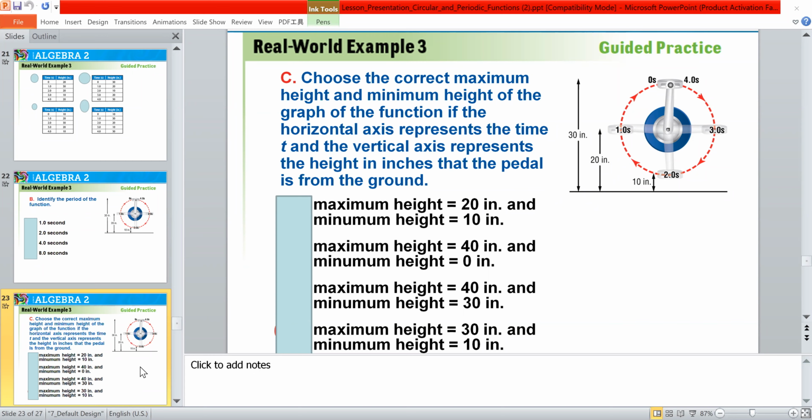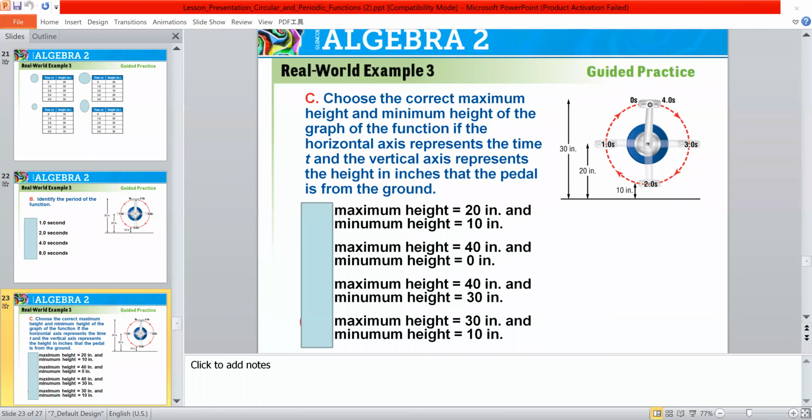Okay, Khalid, can you read the problem and choose from letters A, B, C, and D? Choose the correct maximum height and minimum height of the graph of the function if the horizontal axis represents the time t and the vertical axis represents the height in inches, with the middle measured from the ground.